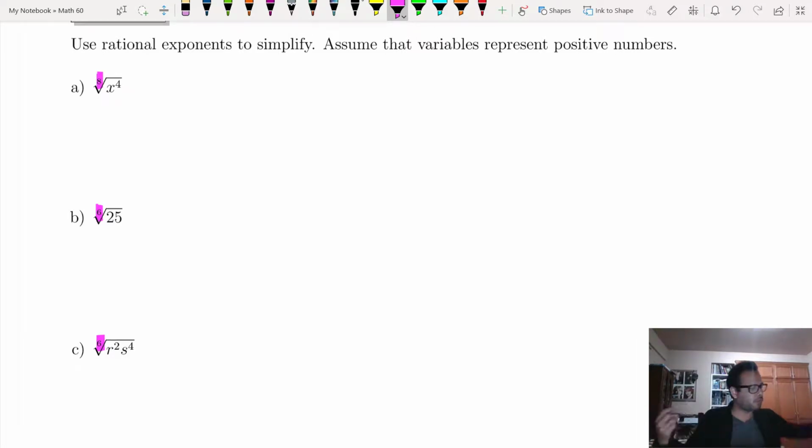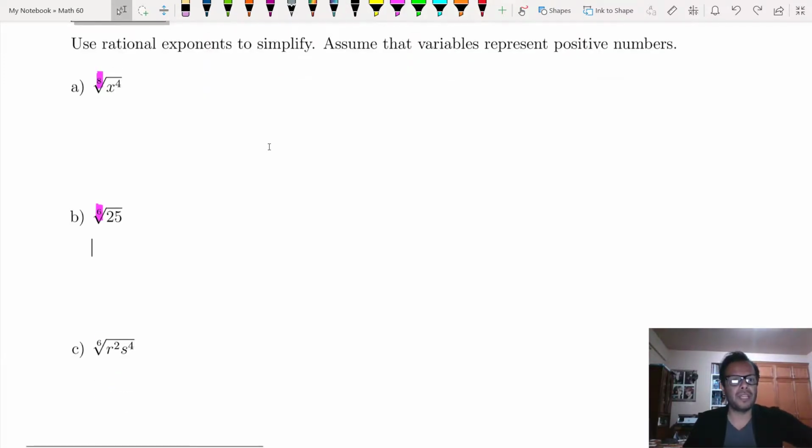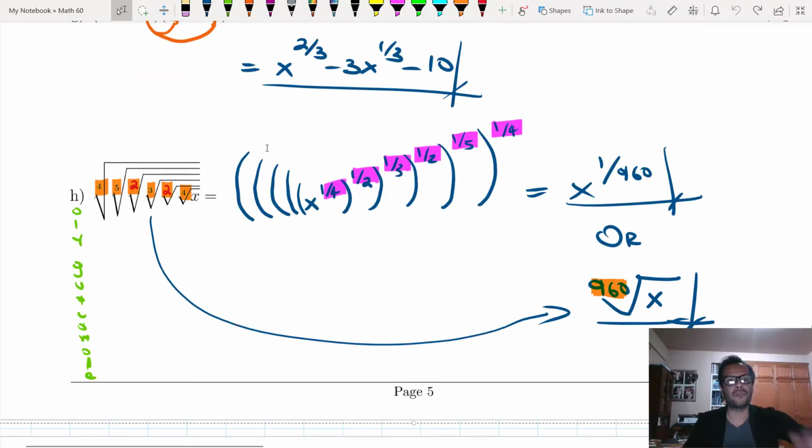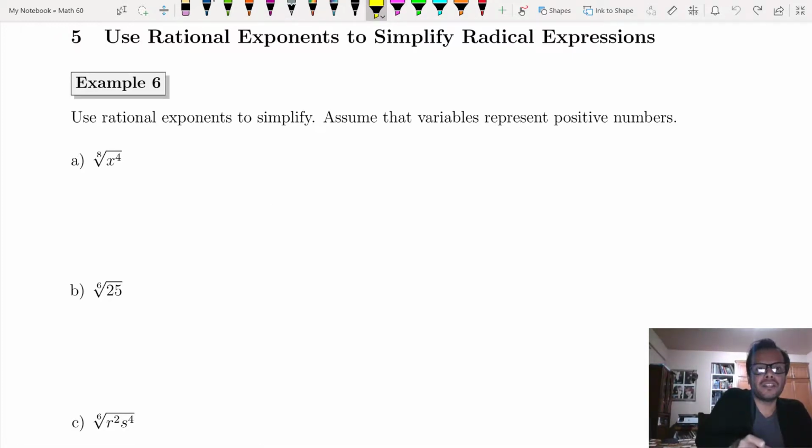And what do we do in this case? We are going to turn the 8th root or 6th root into smaller roots, all right? So let's see. Number 1, as the title says, we use rational exponents to simplify.